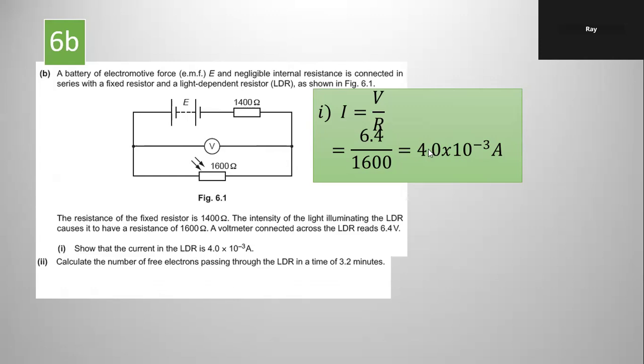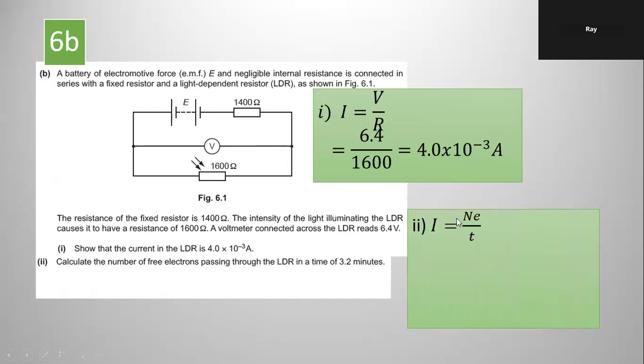Calculate the number of free electrons passing through the LDR in a time of 3.2 minutes. Yeah, I forgot the formula already. Was it like NRT? Go to the formula.